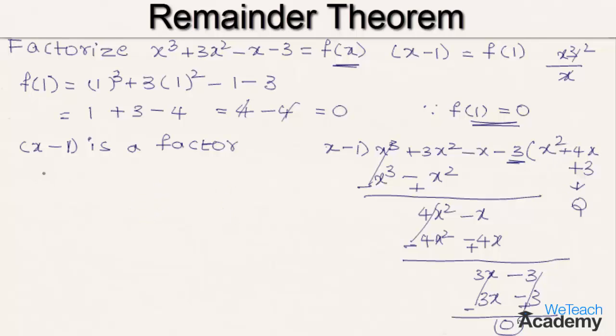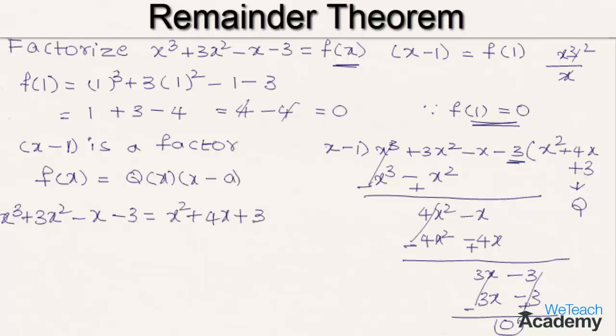By the factor theorem, f of x is equal to q of x into x minus a. So f of x, which is x cube plus 3x square minus x minus 3, is equal to the quotient x square plus 4x plus 3 into x minus a, where the factor is x minus 1.